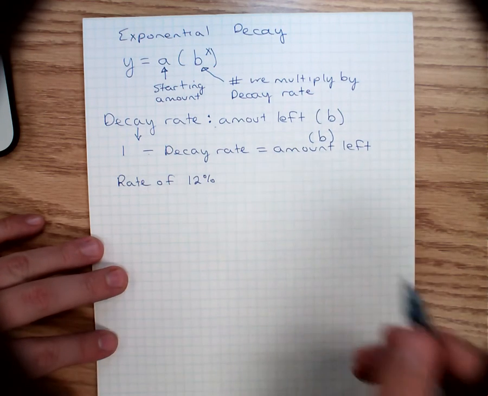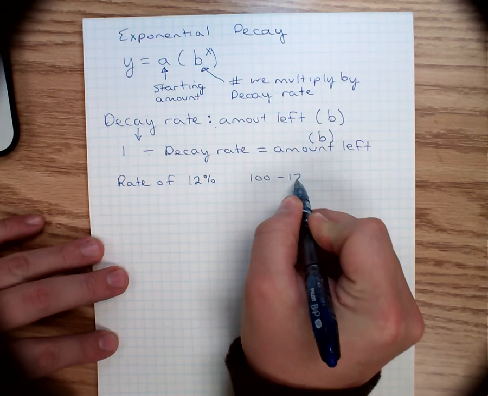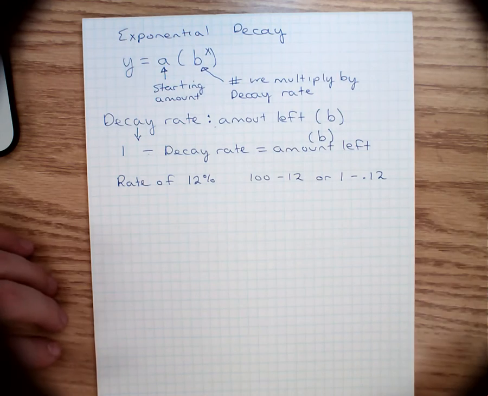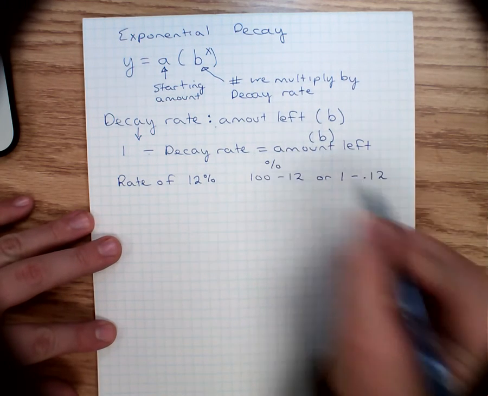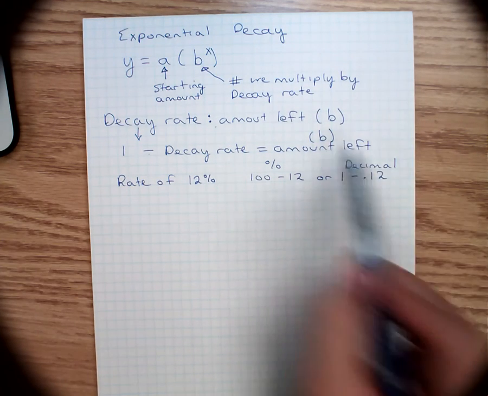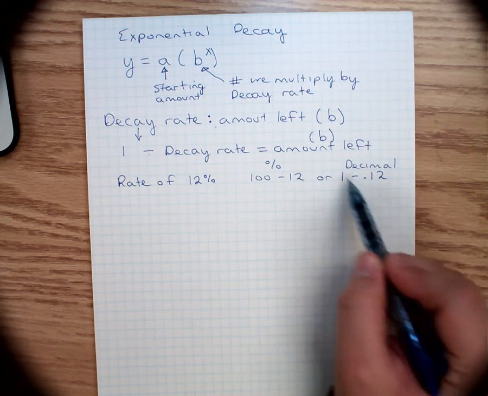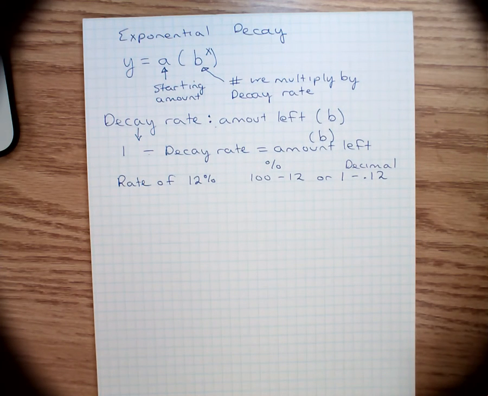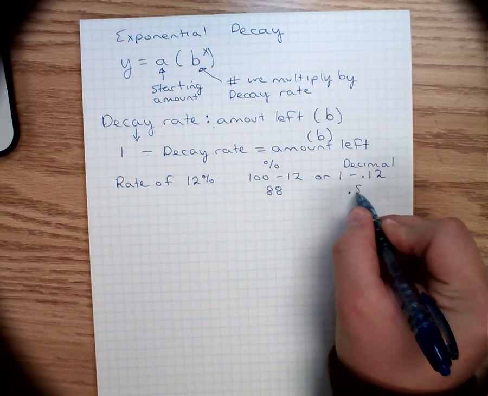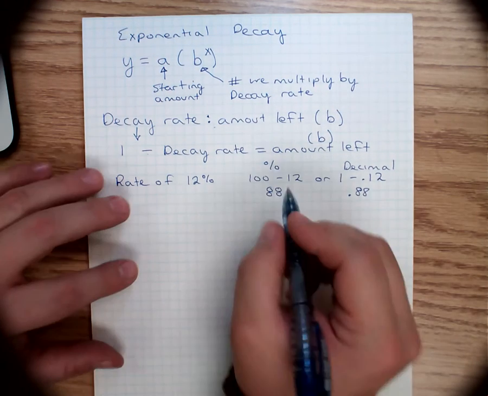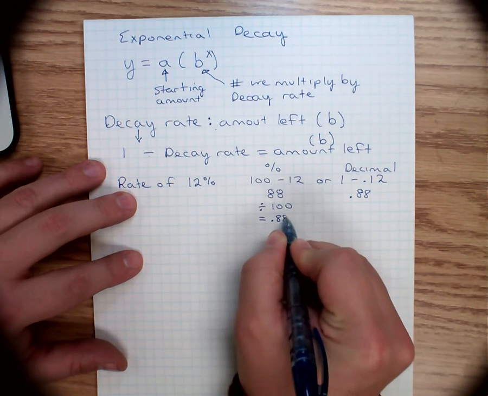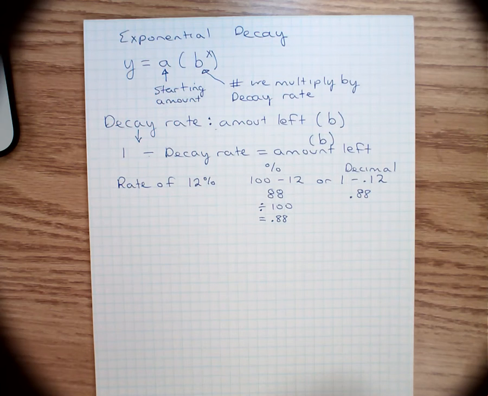Okay, you could think of it as 100 minus 12, or 1 minus 0.12. So this is thinking in terms of percent. This is thinking in terms of decimal. And since the amount left has to be as a decimal, this is the one that I would prefer. Because you would get 88 or 0.88. But with 88, you'd have to take that and divide by 100 to get 0.88. Okay?